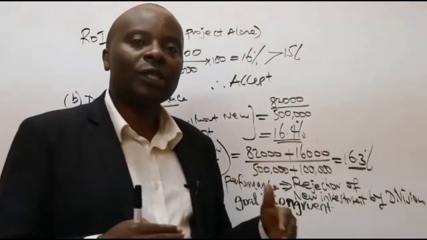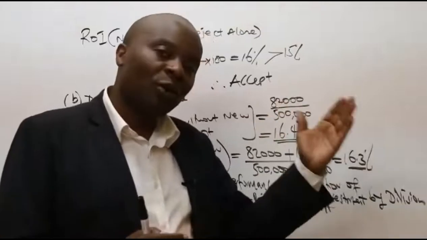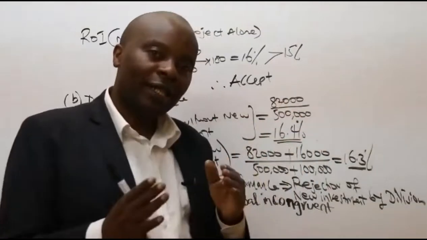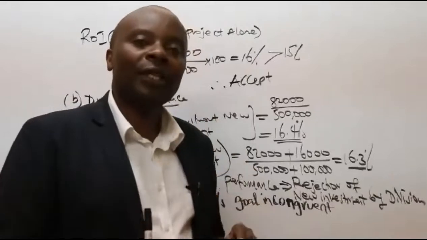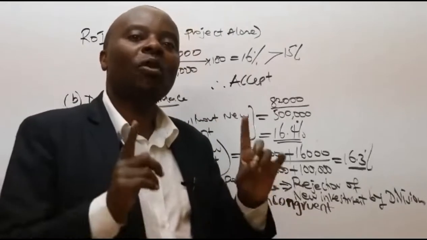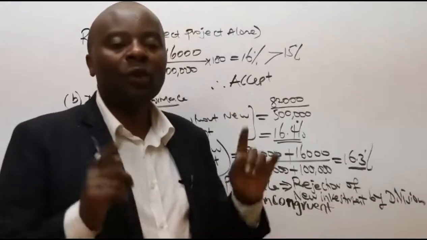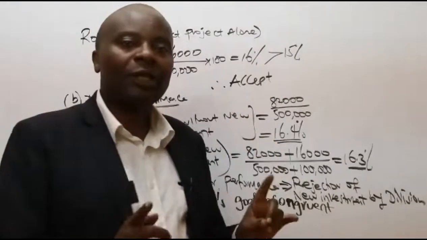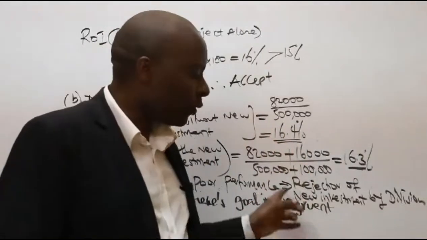And whenever divisional goals and the company goals are not aligned, they are not in the same line, they're not moving parallel, then at the end of the day, it is the overall company's decision that will prevail.